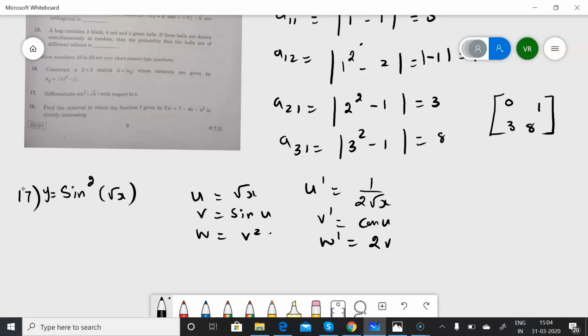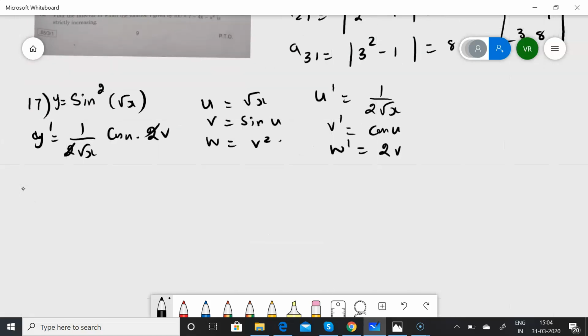Now substituting, dy by dx is equal to u dash times v dash times w dash. So y dash is equal to 1 by 2 root x cos u into 2v. 2 and 2 get cancelled, which is equal to cos u into v by root x.